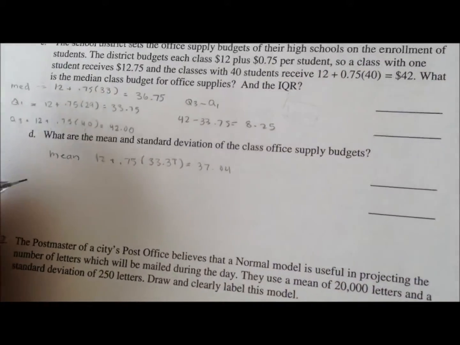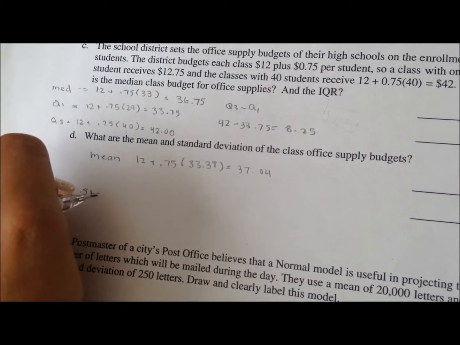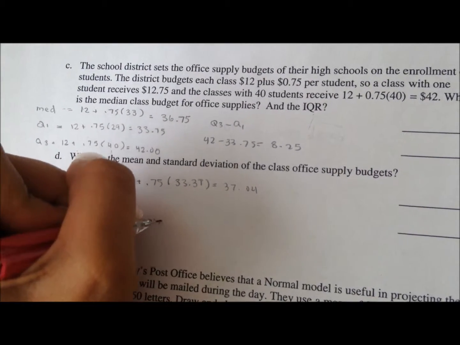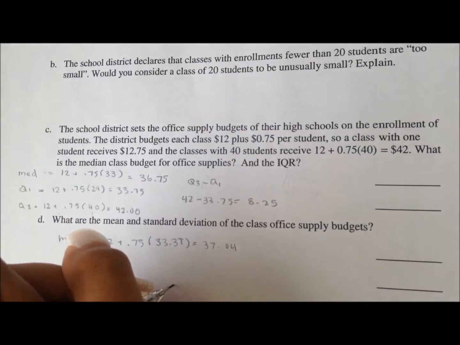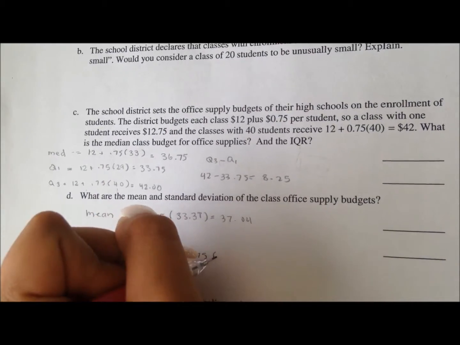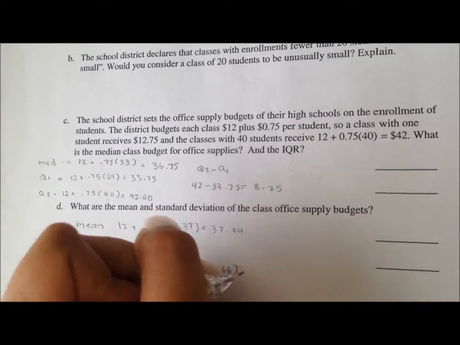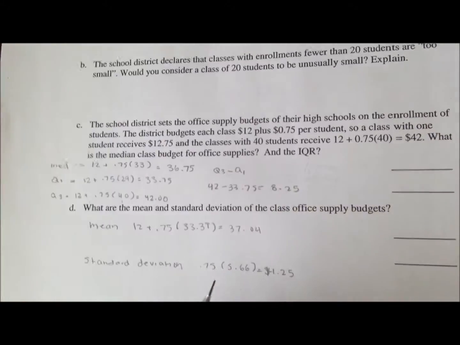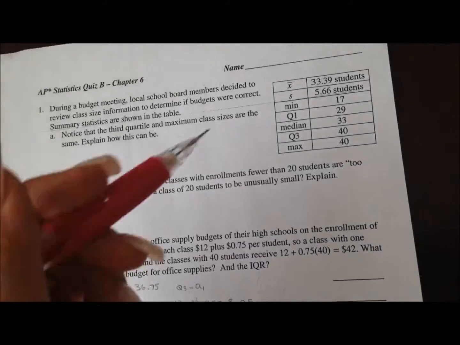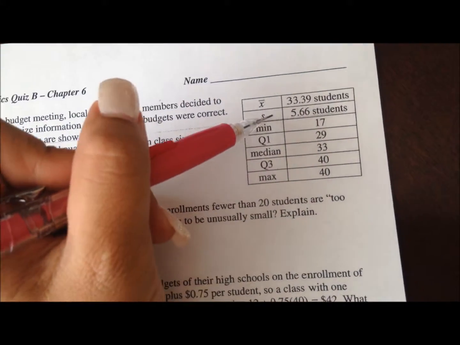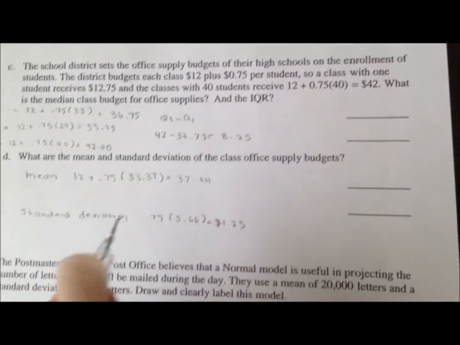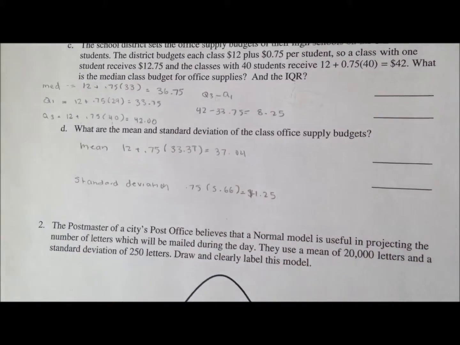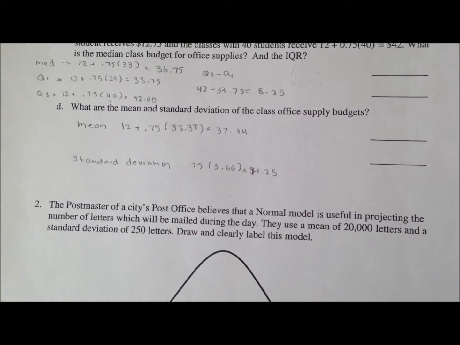So that right there is your mean, and the standard deviation will be 0.75 times 5.66, which equals $4.25. Now, the reason you guys are going to use that 5.66 is because, again, up here, that right there is the standard deviation. And you're plugging it into the 75 cents that you will get per student. And that right there completes the question.